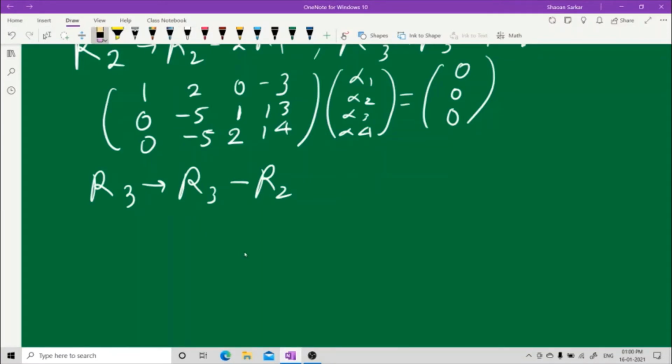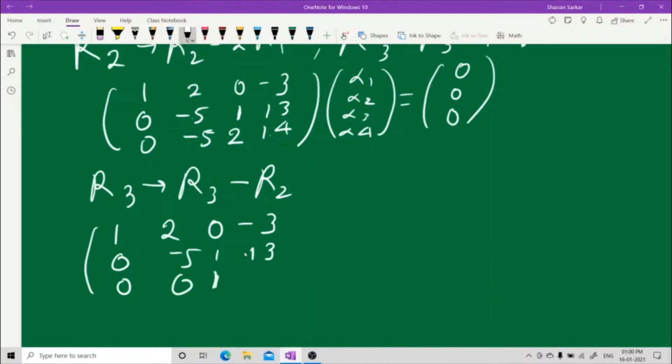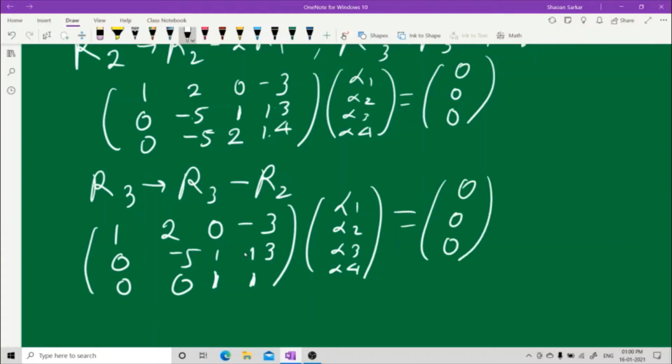Now you have 1, 2, 0, minus 3, 0, minus 5, 1, 13, and then 0, minus 0, minus 5 plus 5, 0, 2 minus 1 is 1, 14 minus 13 is 1. Now you have alpha 1, alpha 2, alpha 3, and alpha 4, and you have 0, 0, 0. This you have got.